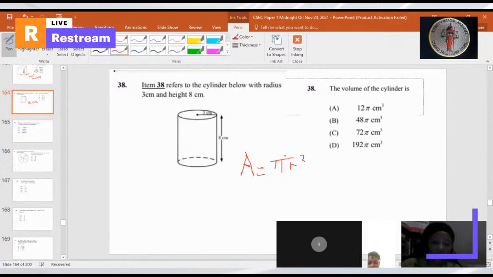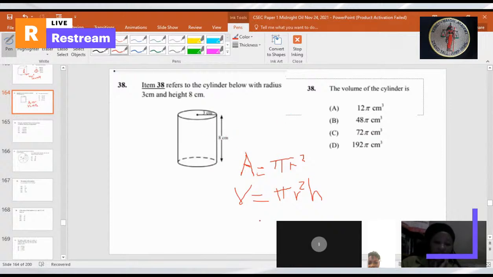I should put volume is equal to the area of the base times the height. And they have pi in the answer. So we really just need to put the 3 for the radius, square that, and multiply by the height. The height is 8.